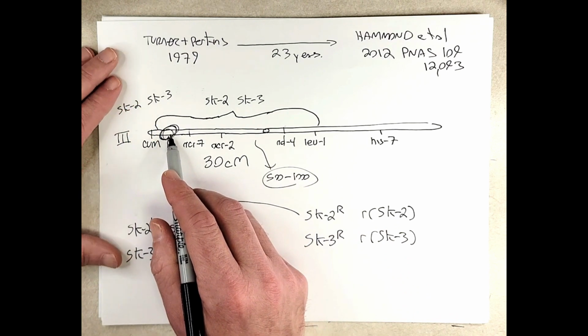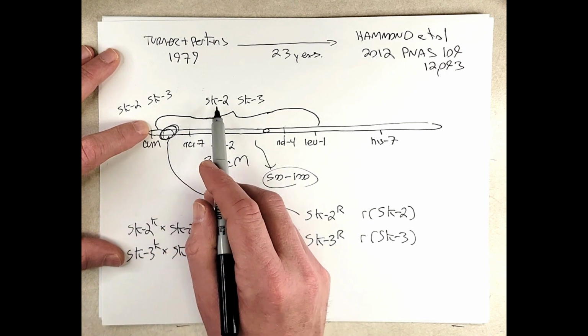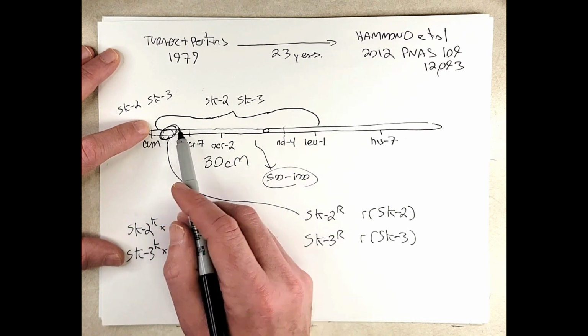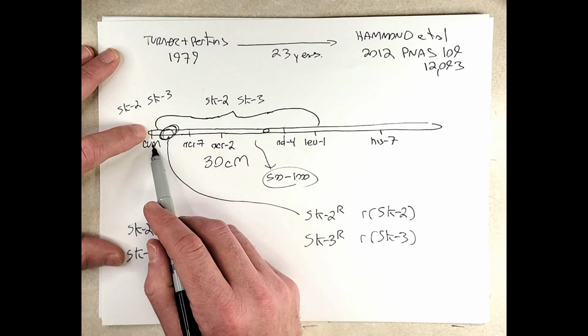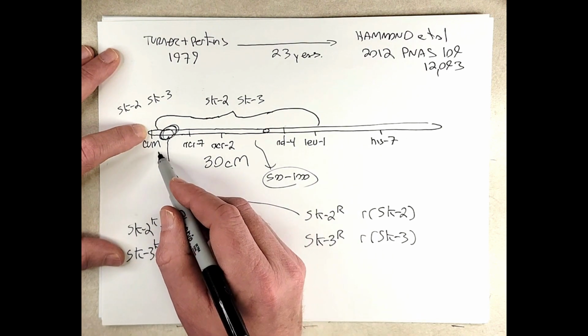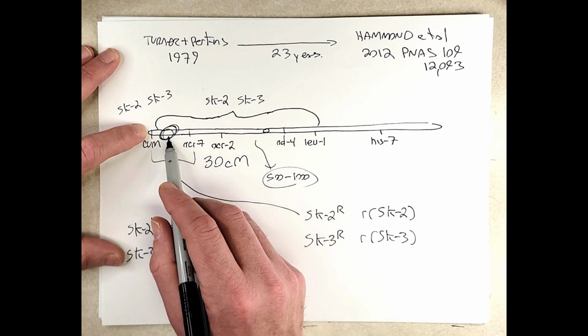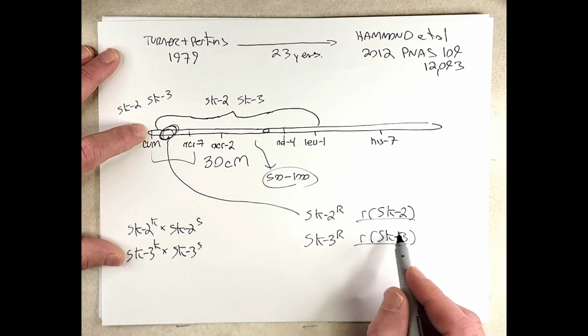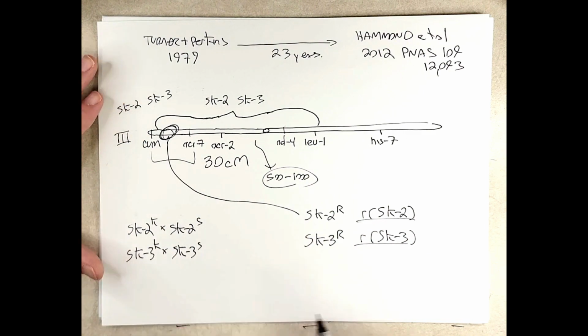They don't identify the sequence of these, they just know that somewhere in this region, to the right of cumulus and to the left of ACR7, and who knows, there could be like 100 or 200 genes in here, that's where one should be able to find the RSK2 and RSK3 genes.